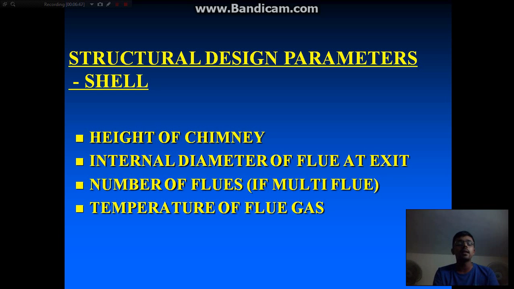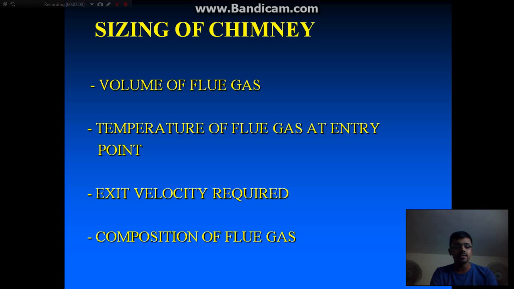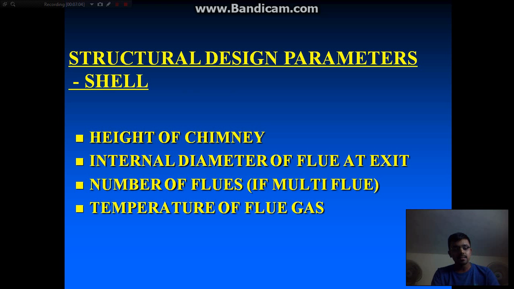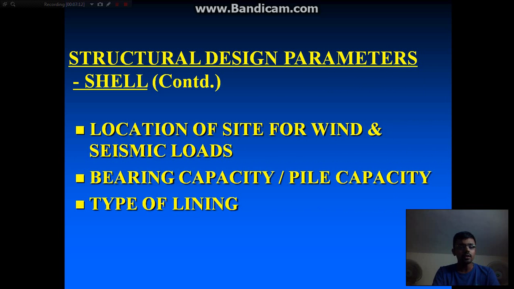If we are going for a multi-flue type of chimney, then it is very essential to have the number of flues as one of the important parameters for designing the shell. And the fourth, which we already discussed in the previous slide, is the temperature of the flue gas at the entry point. Similarly, the temperature of the flue gas is also an important parameter for the design of the shell structure of the chimney.